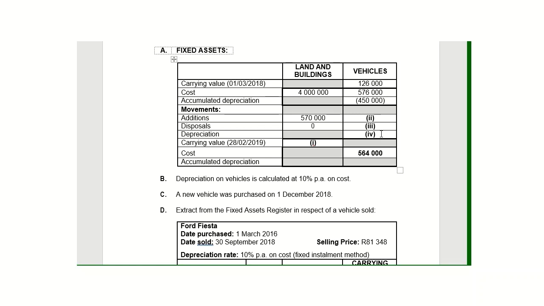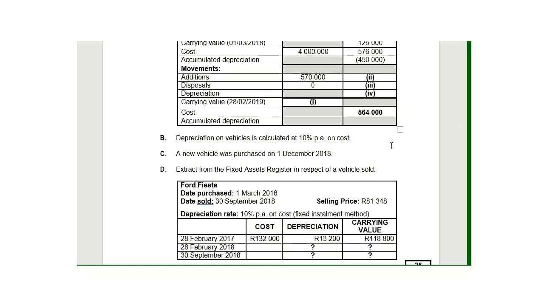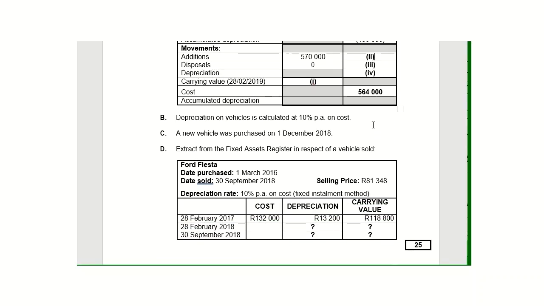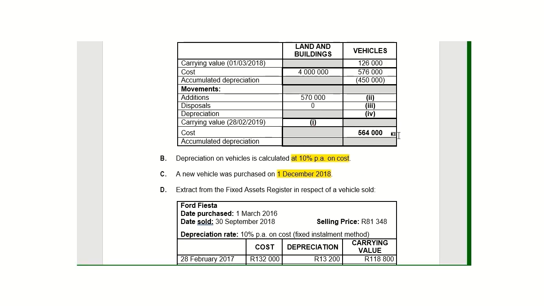Additions, there should be some information regarding that. Now, if I look at the additional information, they tell me the percentage of depreciation, and it's 10% on cost. They just tell me we bought a new vehicle on the 1st of December, but no value. I want the value for the additions, so let's see if we cannot figure it out in a different way.